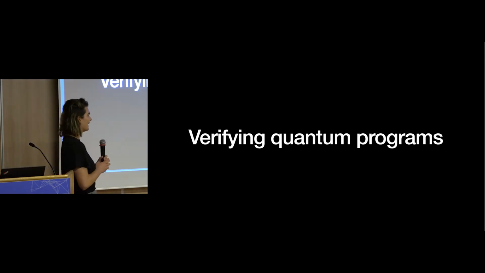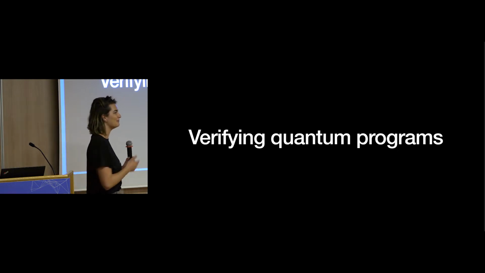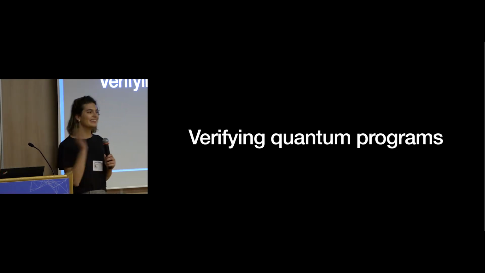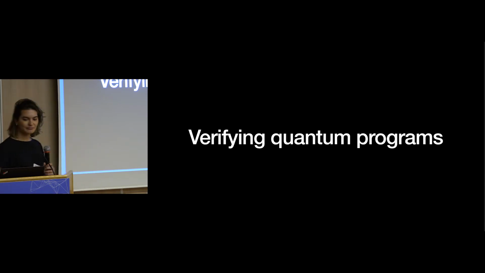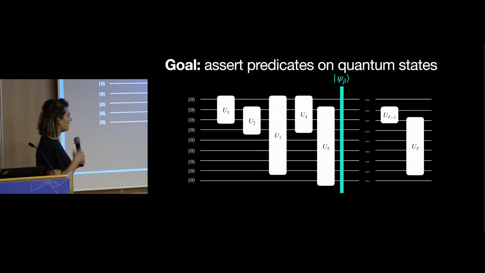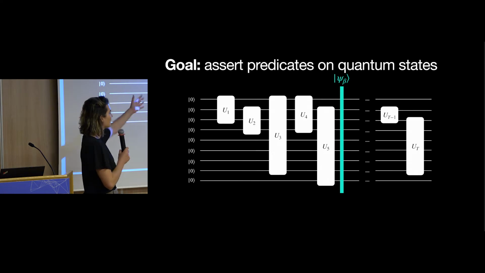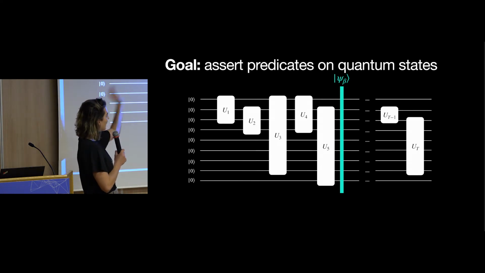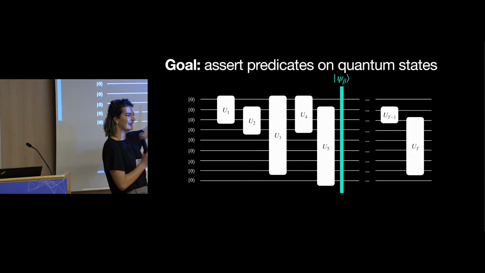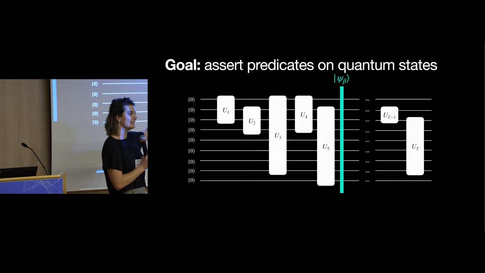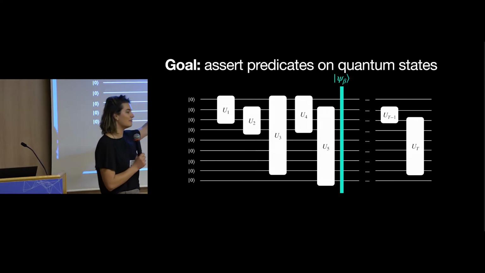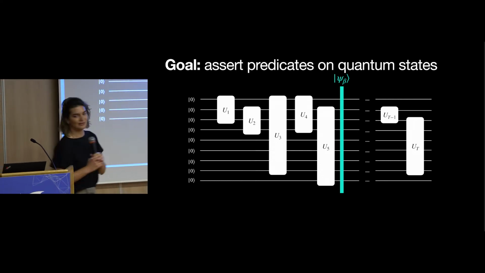Let's begin by discussing what I mean when I say verifying quantum programs, because I'm going to have a few different versions of verification in this talk, and it can get a bit confusing. So what I'm really going to mean is I have some quantum circuit, and at the lowest level, I have some intermediate state that I'm interested in. This intermediate state is potentially some important state in my program that I would like to reason about.